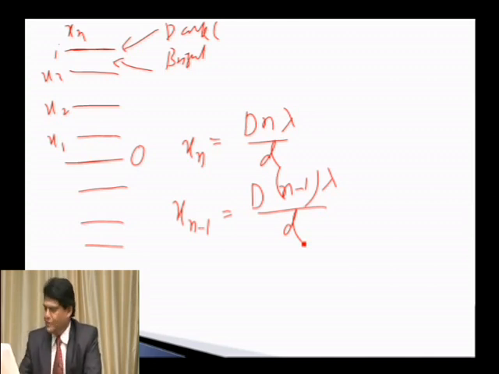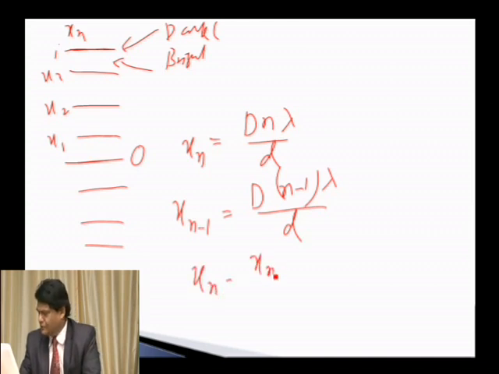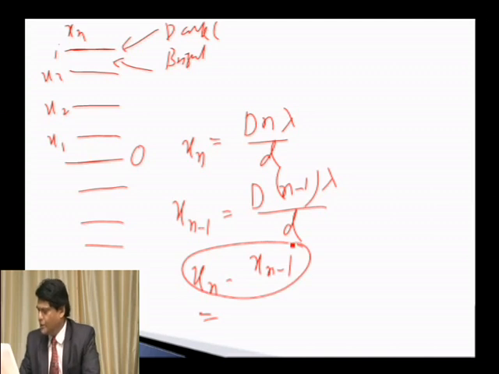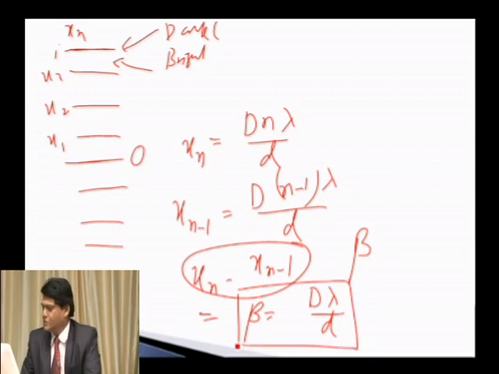If you take x n minus x n minus 1 and substitute the values, finally you get this difference, denoted by the letter beta, the fringe width. The fringe width is given by D lambda divided by small d. So this is the final expression for the fringe width.